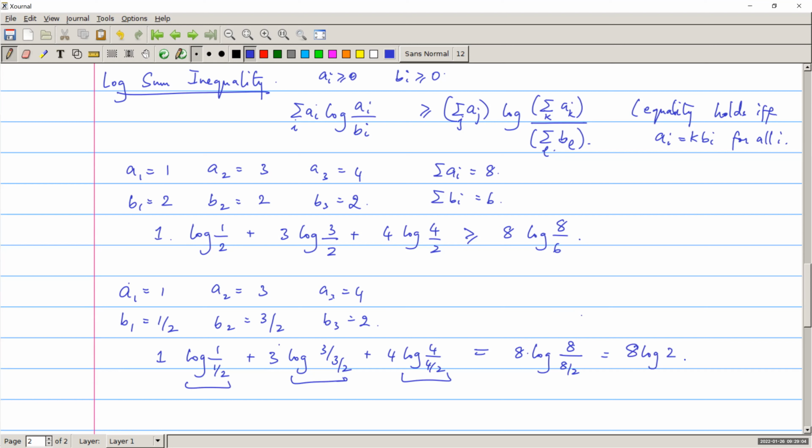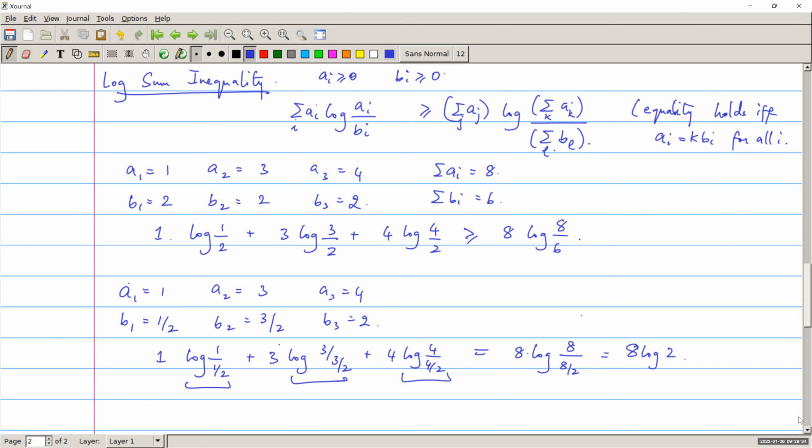Does that make sense? One reason we do the log sum inequality is that it also clarifies Jensen's inequality for us. This is very easy to prove so long as you notice something.